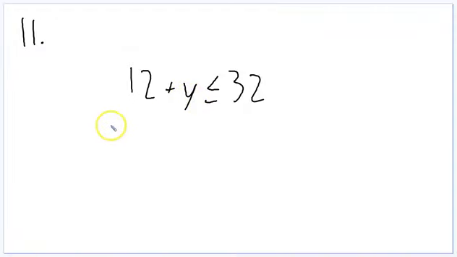11. Solve 12 plus Y is less than or equal to 32. So for all my answers, I'm seeing what I believe is the lira money sign. I'm not sure. But everybody knows I need to get the variable by itself. I'm going to get rid of this constant. I'm going to subtract both sides by 12.